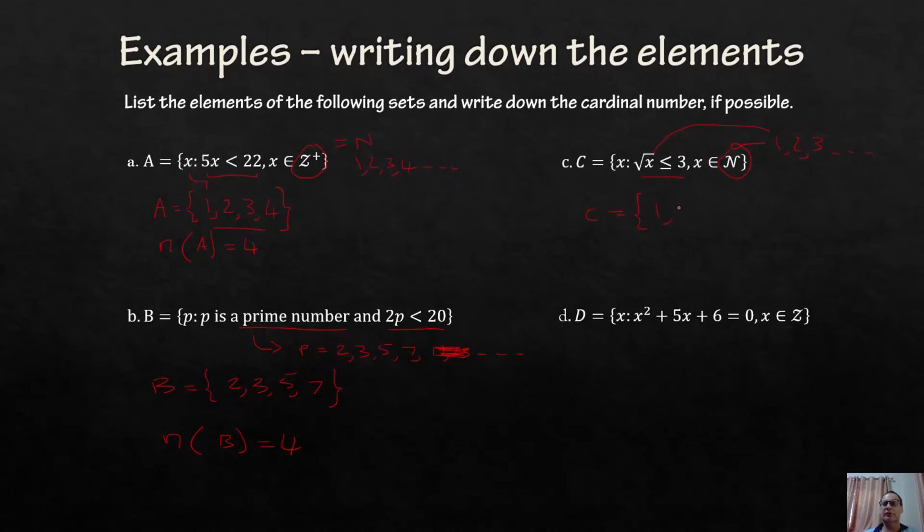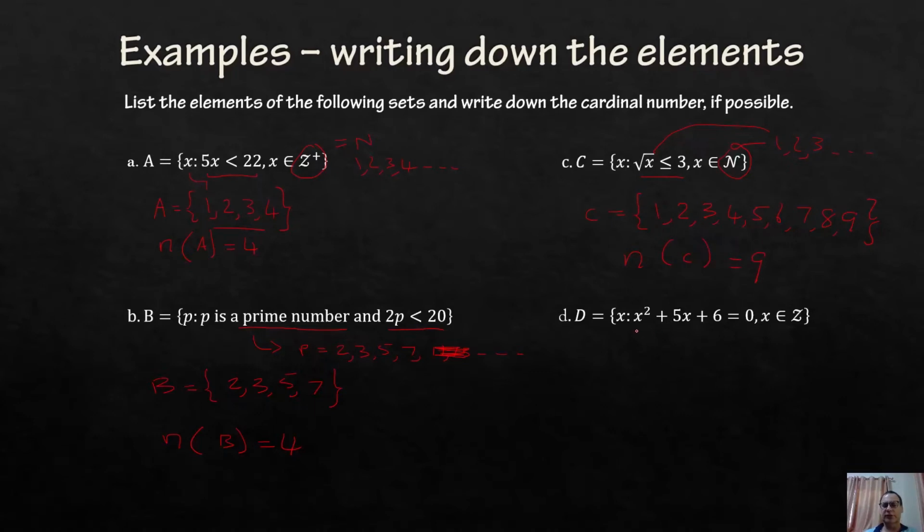Yes. Square root 2, that's less than 3. Square root 3 is less than 3. And go up until 9. Because square root 10 would be more than 3. The cardinal number then is 9 elements.